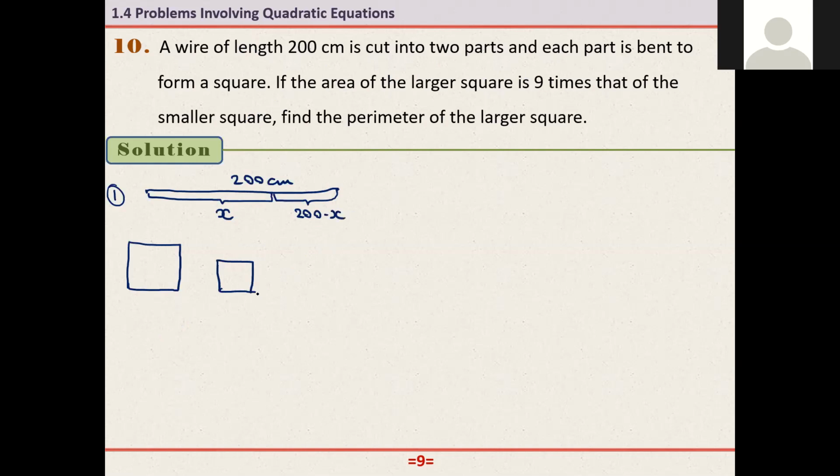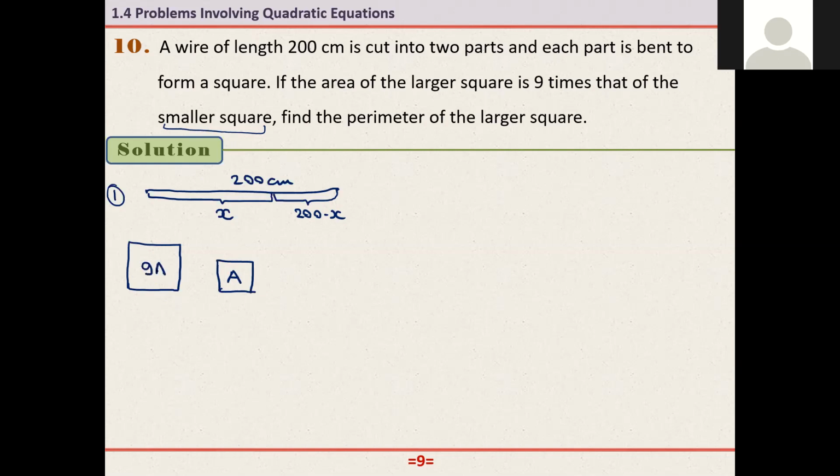Very good. In the second part, it says that the area of the larger square is 9 times that of the smaller square. We don't know the area of the smaller square, right? Let's say it is capital A. Then what must be the area of this bigger square? 9A.